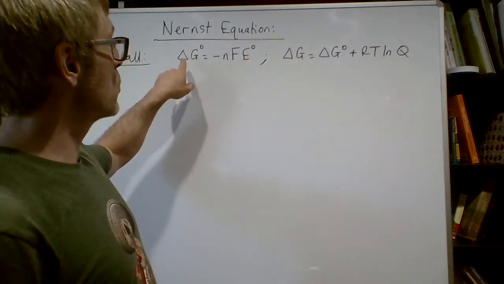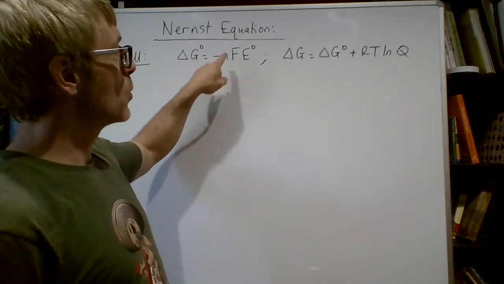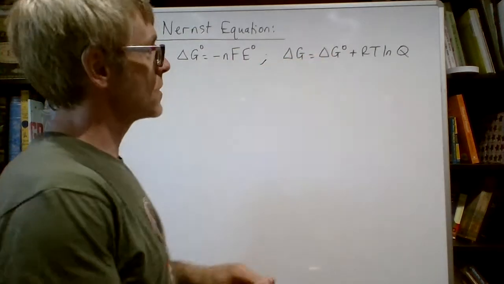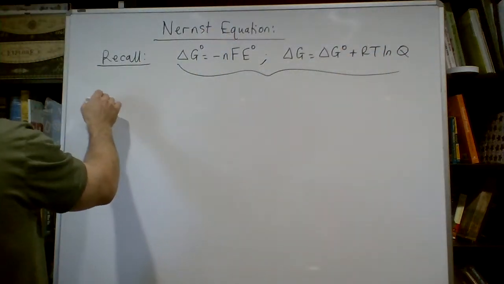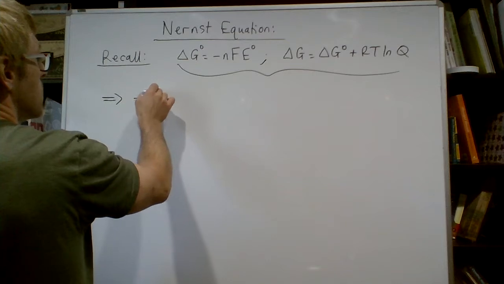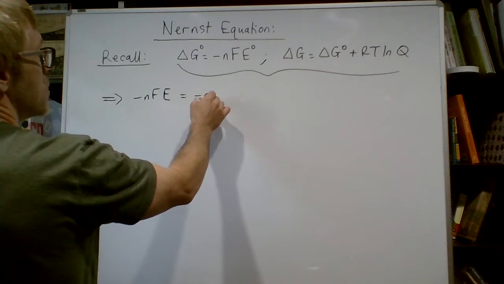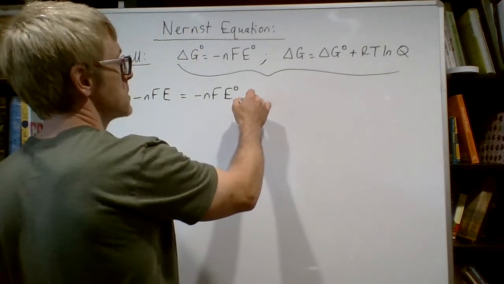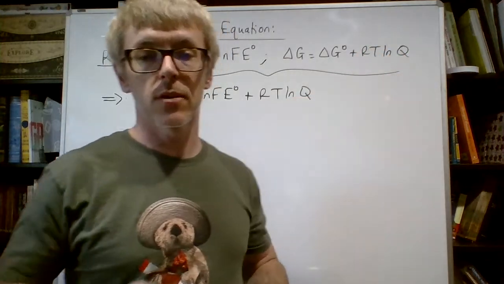So essentially we've got an ability to substitute into this equation, instead of delta G, we can substitute in minus nFE without standards for this delta G and with standards for this delta G. So we combine these two equations, we can clearly see that delta G without the standard, which is just minus nFE without the standard, is equal to minus nFE with the standard, and then plus RT log Q. Remember that Q is just the reaction quotient.